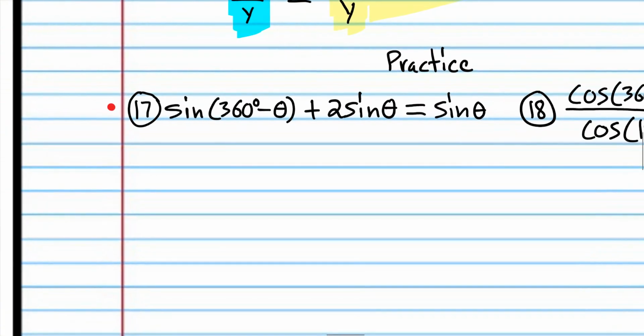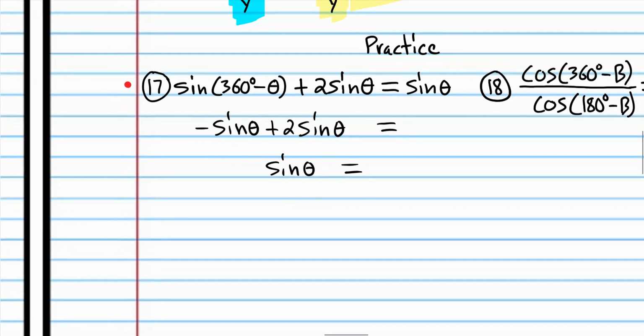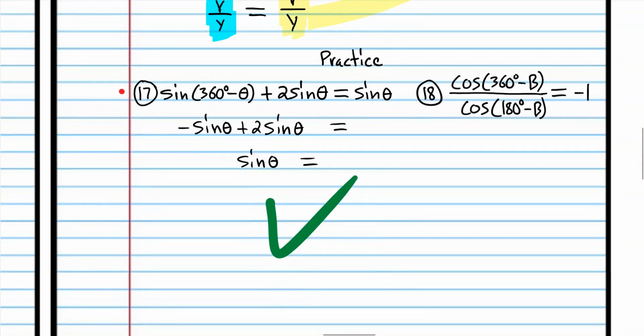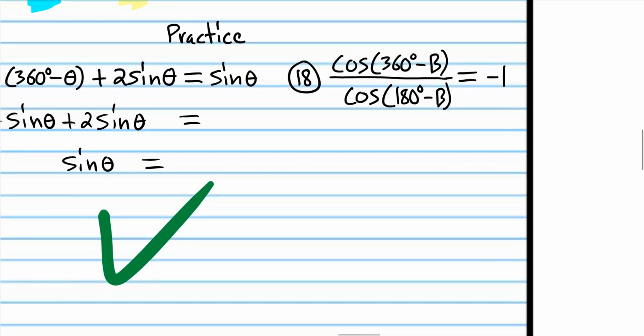So sine of 360 minus theta is negative sine theta. Negative 1 plus 2 is 1. Alright, so let's try another one of these.